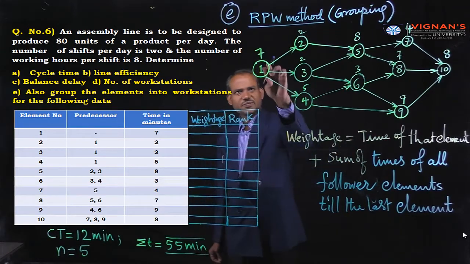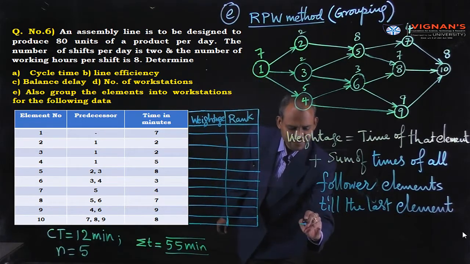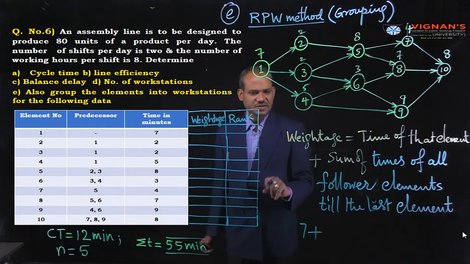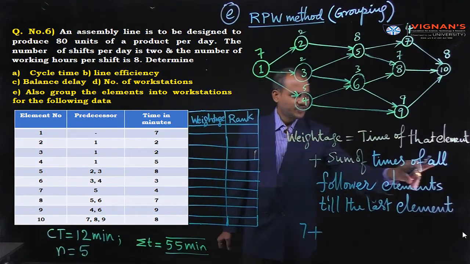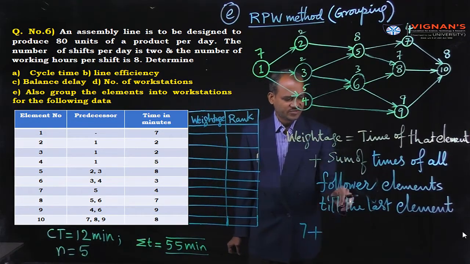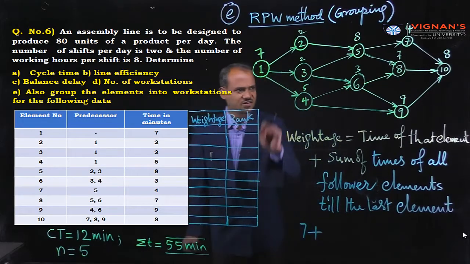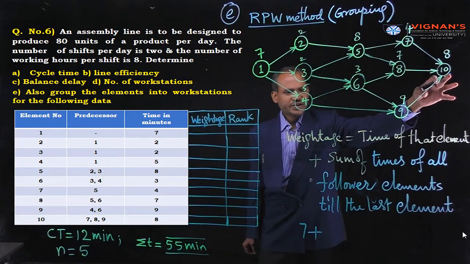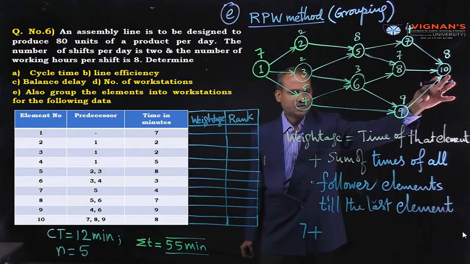Time of that element is 7, plus sum of times of all follower elements till the last element. What is the last in this precedence diagram? Last element is number 10.